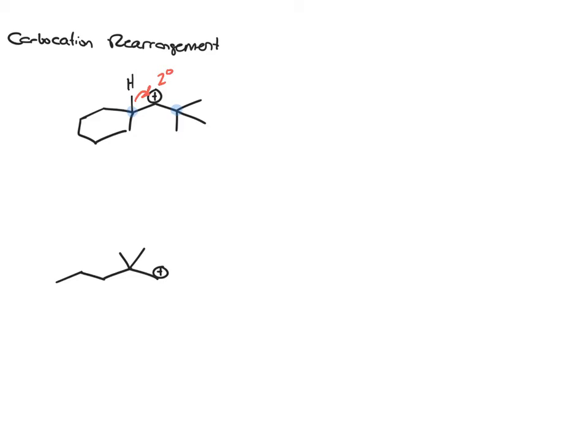So I'm going to draw an arrow basically showing the two electrons in the carbon-hydrogen bond jumping over to the positive carbon.